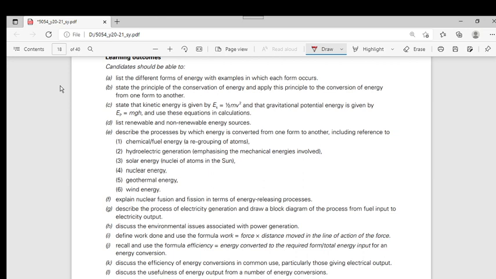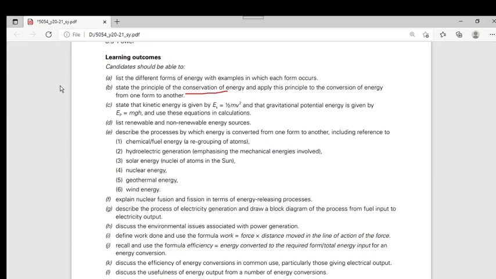After that, state the principle of conservation of energy. So that principle says that energy can neither be created nor destroyed, but it can be converted from one form to another form. So you can write it down for the principle of conservation of energy, that energy can neither be created nor destroyed, but it can be converted from one form to the other form, and the total energy of the system will remain same.